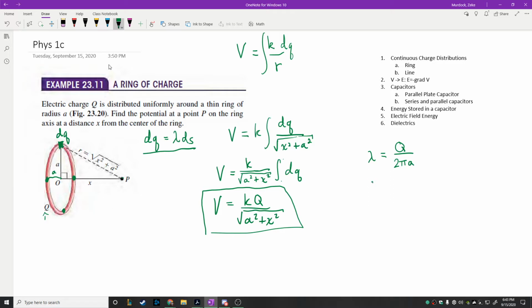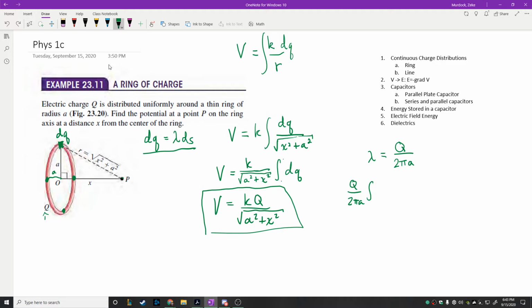And then our integral dq could become the integral of lambda, which we just pull out here, and in here you'd have ds. What would ds represent? Well, basically from 0 to 2 pi a, right? But if that makes no sense at all, and to me it kind of doesn't, again, why would you use 0?